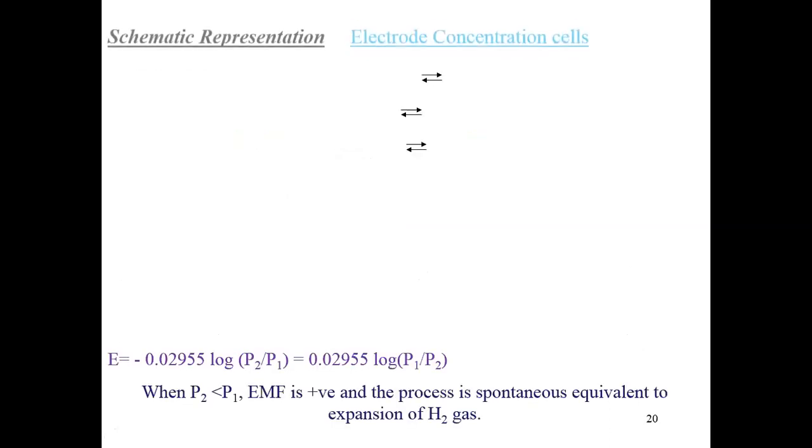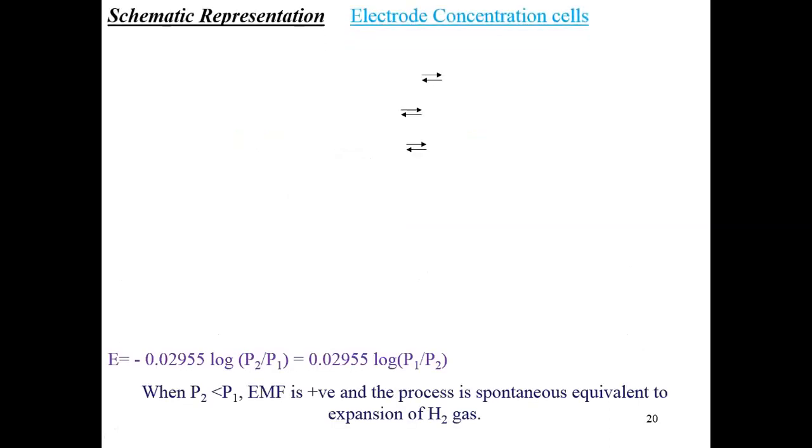Here is an example. Hydrogen is at a pressure of P1 in contact with the platinum electrode, and hydrogen is at a pressure of P2 here in contact with the platinum electrode.